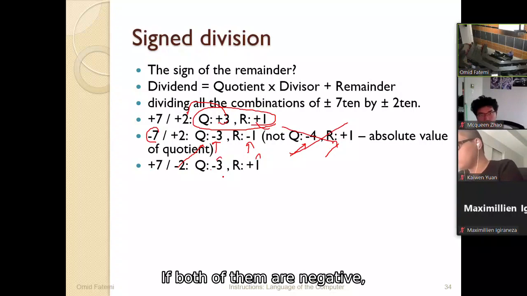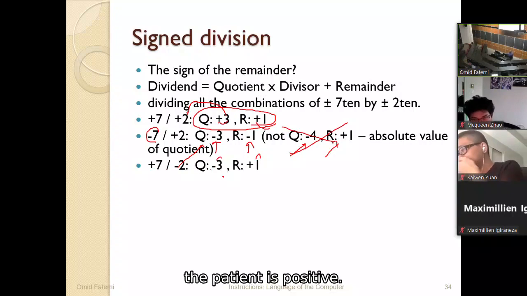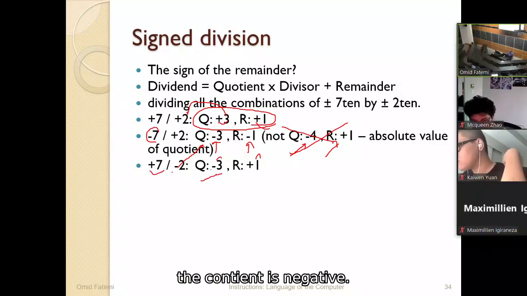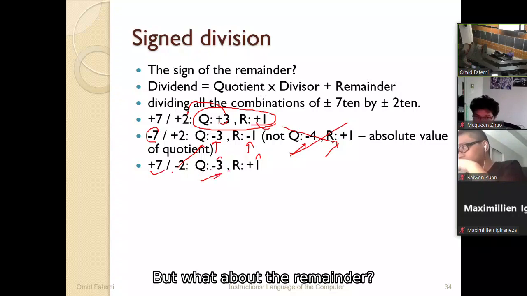If both of them are negative, the quotient is positive. If one of them is negative and one is positive, the quotient is negative. If both of them are positive, the quotient is positive. Now we have one positive, one negative, so the quotient is negative.